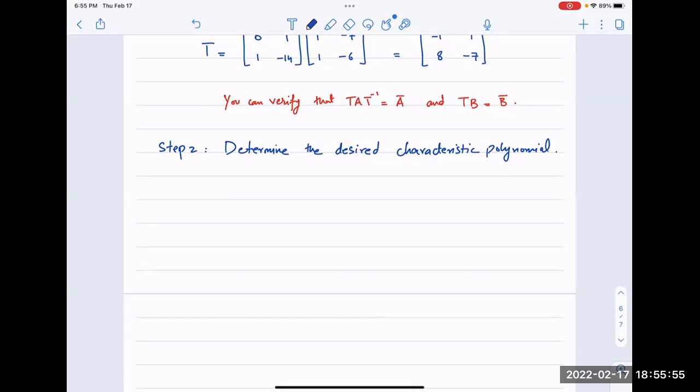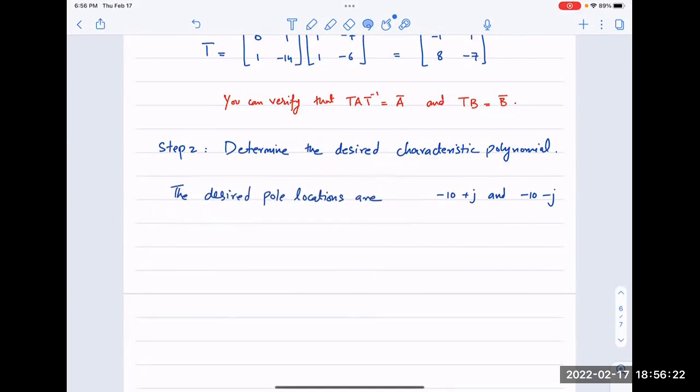We are given that the desired poles are at locations -10 plus j and -10 minus j.